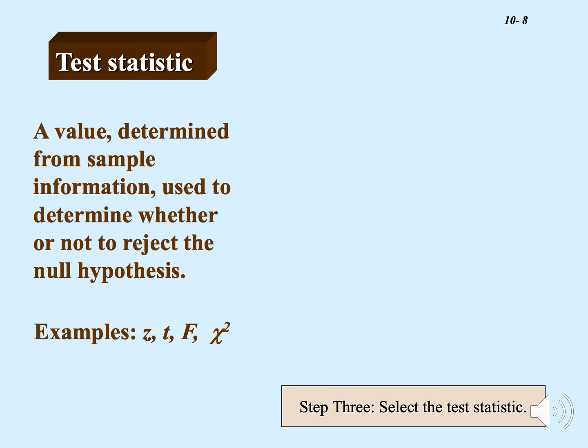Okay, so test statistic is the statistical test that you will be using. Either you will be using a z-test, t-test, f-test, or the analysis of variance, or the chi-square. X squared is chi-square. So when you select the test statistic, as I have said, that is really based on the objective of the study.